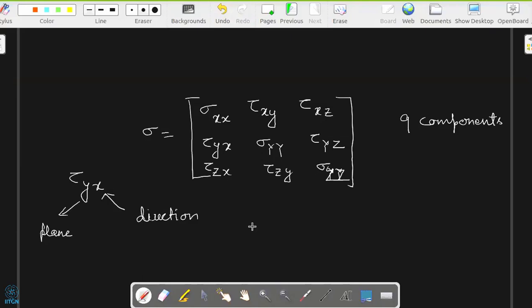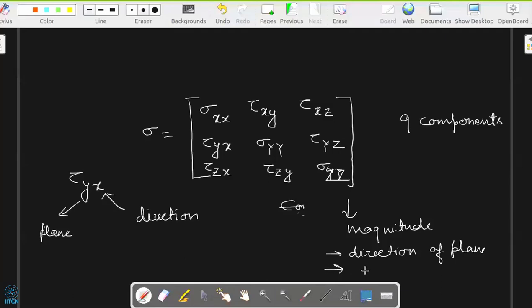In order to define the stress component completely, we need the magnitude, then the direction of the plane, and we also require the direction of the force or the stress.